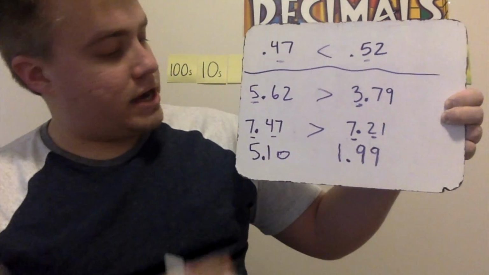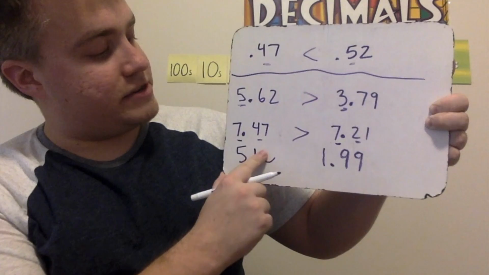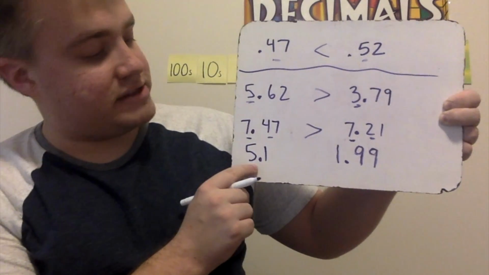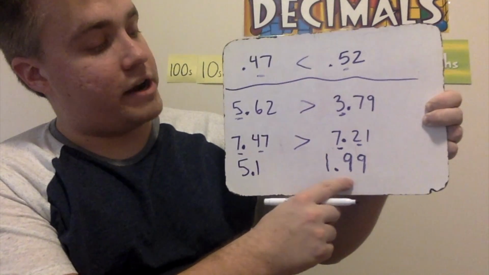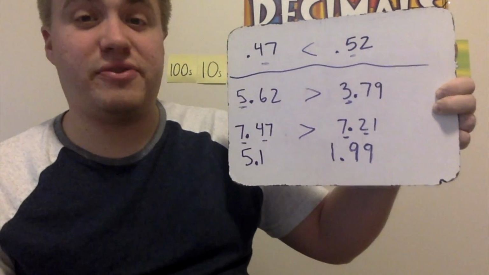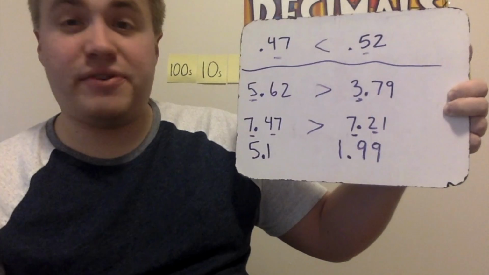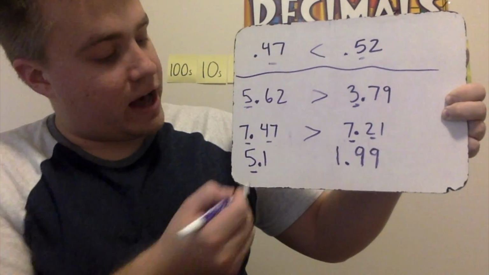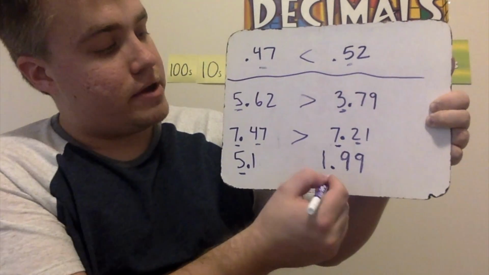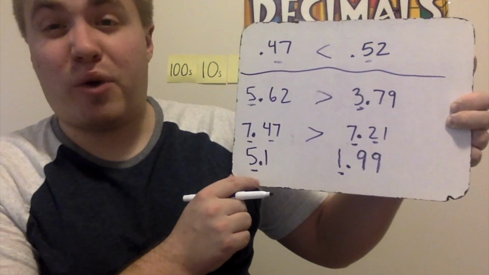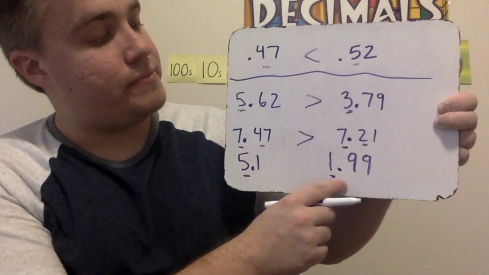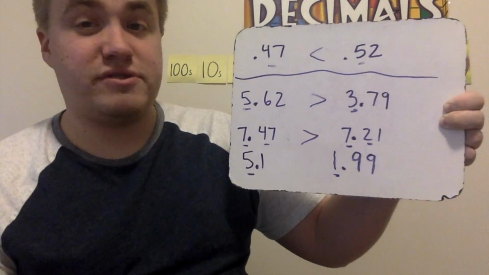Okay? And last but certainly not least here, I am going to take care of my 0 over here a second, because I want this to be 5 and 1/10 compared to 1 and 99 hundredths, right? If I think of this with place value, I know that my 5 in my 1's place is bigger than the 1 in the 1's place over here. So I already know that my 5.1, my 5 and 1/10 is bigger than my 1 and 99 100ths, right?